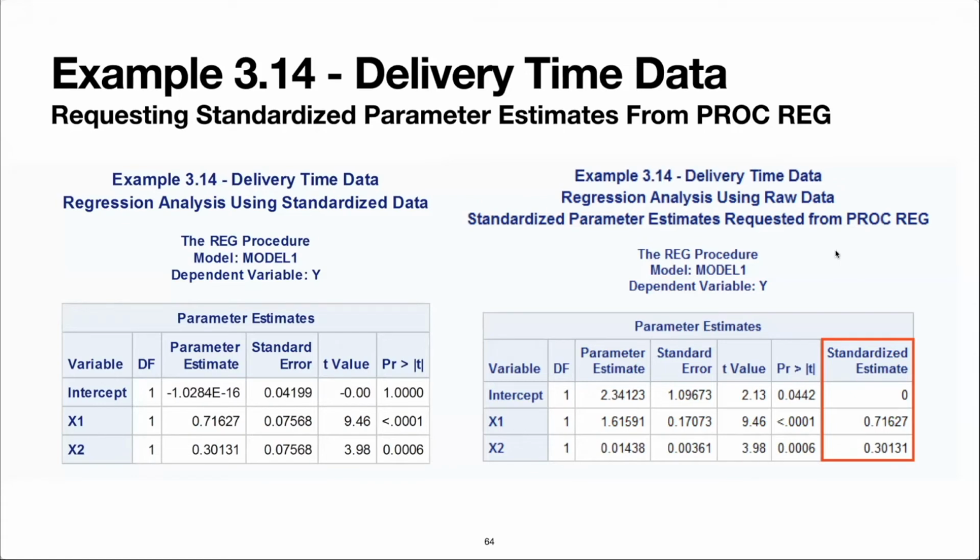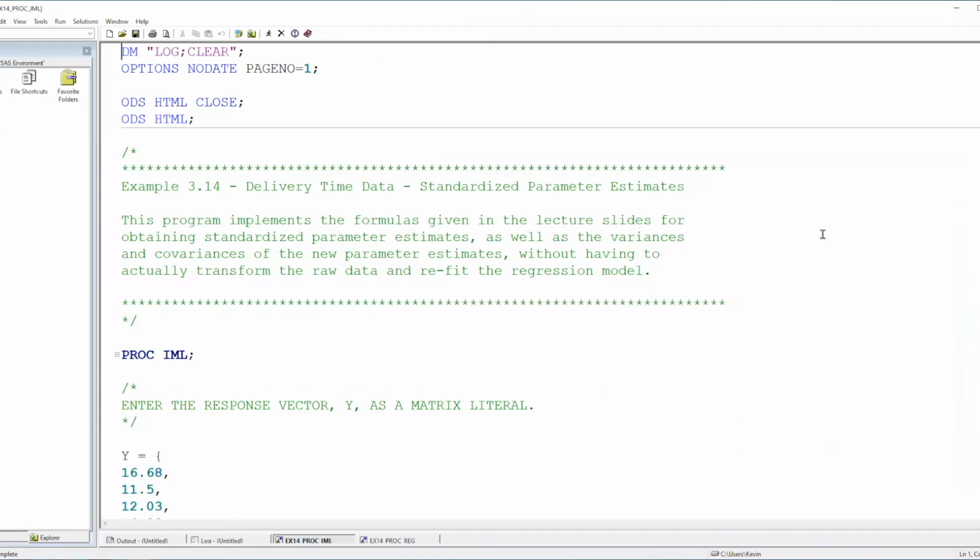All right, so next what I want to do is look at some SAS. There are two programs that I want to look at, and I'll provide these on the Moodle. The first program is a PROC IML program.